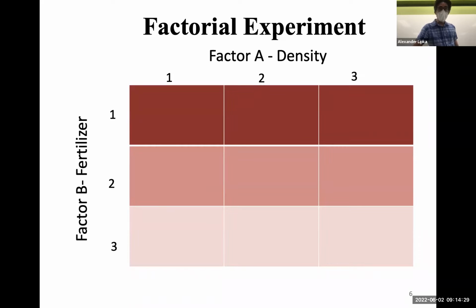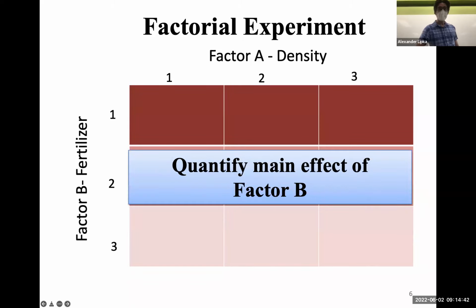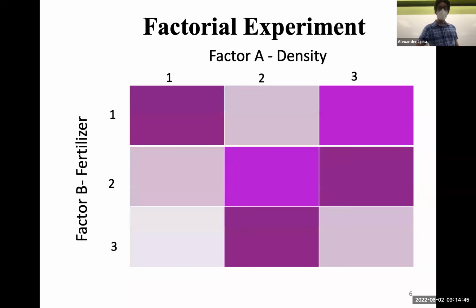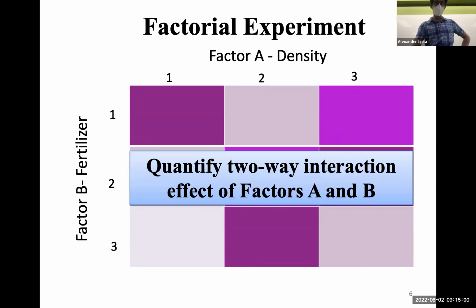So we can also quantify the main effect of factor B, and this is denoted by having different colors that are uniform, that are the same for each level of factor B, okay? And also we can estimate an interaction effect, okay? So this means that the effect on yield is different for each possible two-way combination of factors A and factor B, which is denoted by different colors.